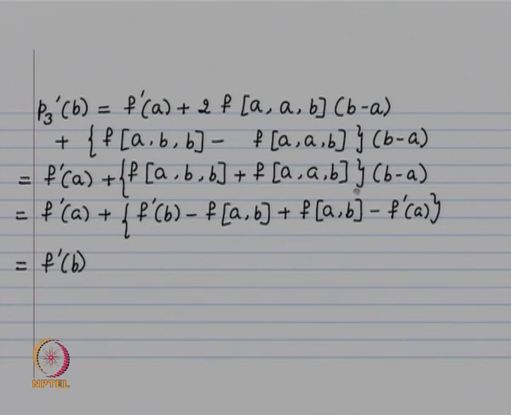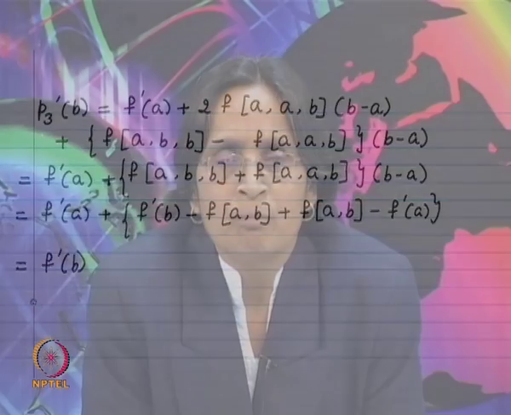Here it is f of a b minus f dash a. So, again b minus a gets cancelled and then you have got f dash b. So, thus the polynomial of degree less than or equal to 3, which we wrote in an analogous fashion to when the interpolation points were distinct, is the desired polynomial. That means, it interpolates the function and derivative values at the 2 endpoints a and b.